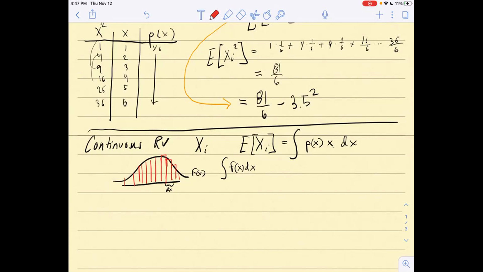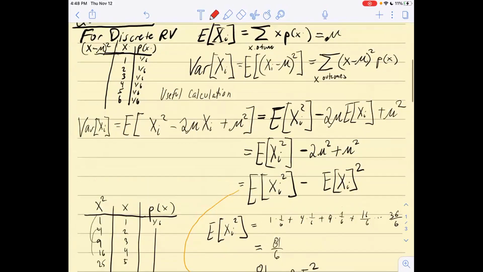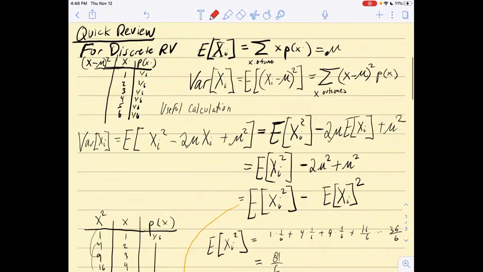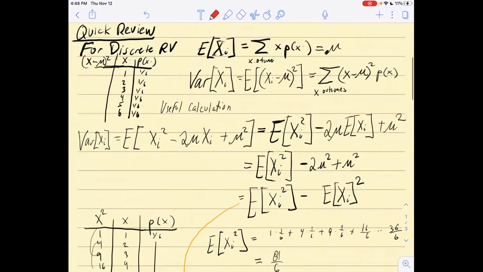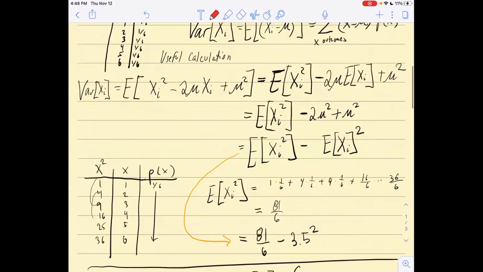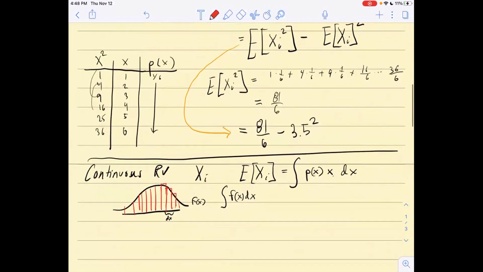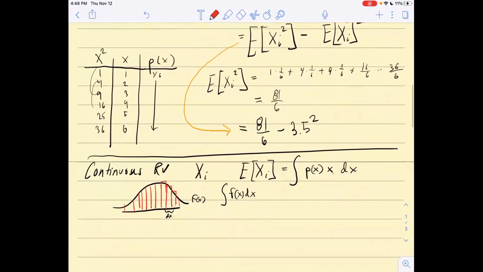There's a connection between this formula and the regular expected value. Rather than summing the discrete things, you're integrating over a continuous range, finding the area under this curve.